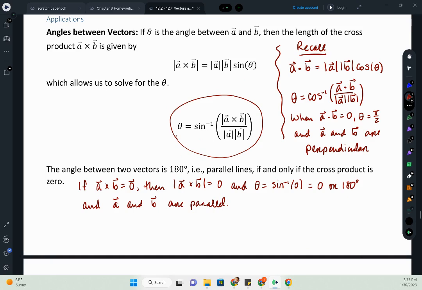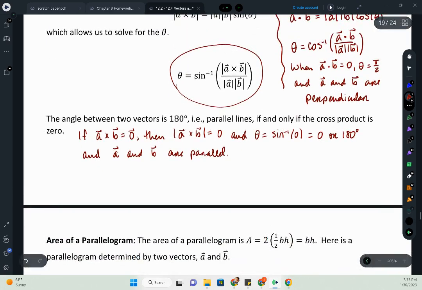So now we have two properties that are coming out of the dot product and the cross product. One is that if the dot product is 0, the vectors are perpendicular. Let me see if I can summarize that here.